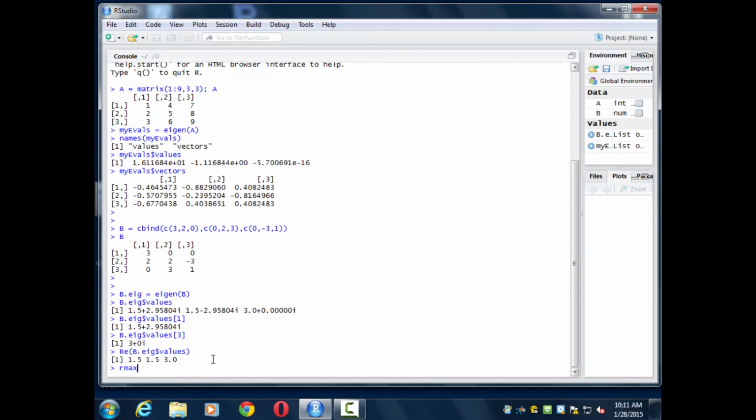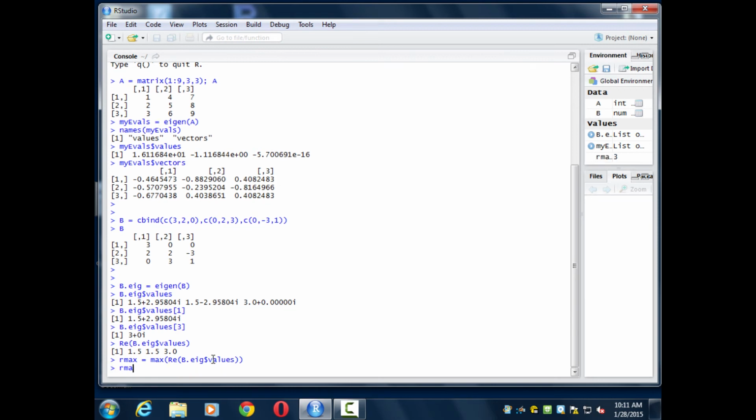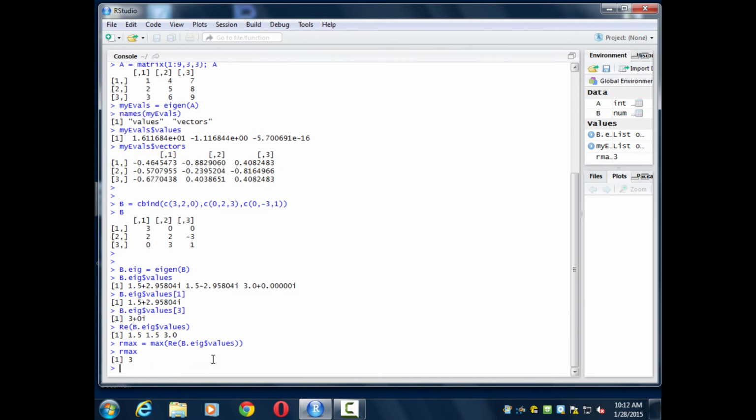So let's say that we type something like Rmax, and this is going to be the name of that output. This is the maximum of the real part of B.eig values, and so this Rmax is 3. And if we would like to store which of those is the one that has the largest real part, we will do something like this.